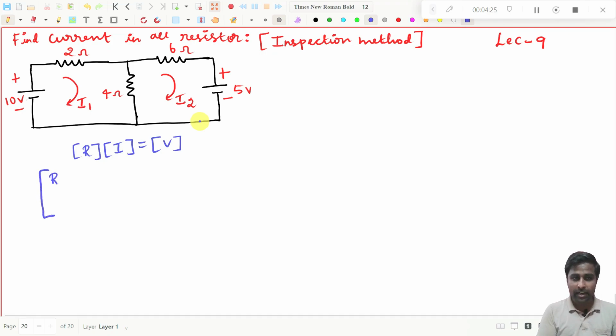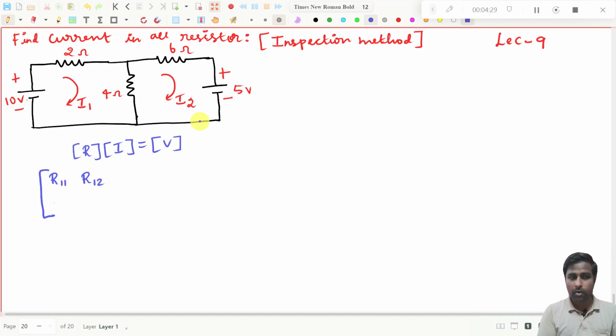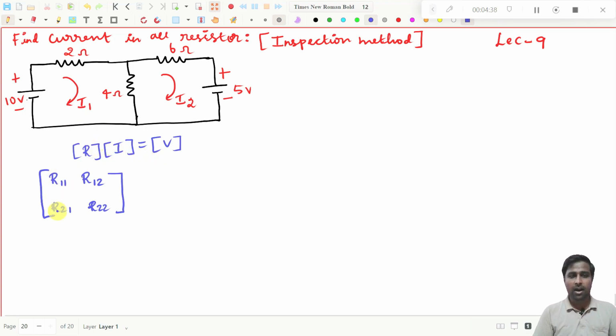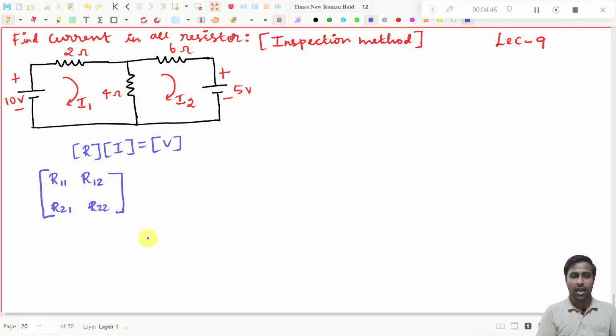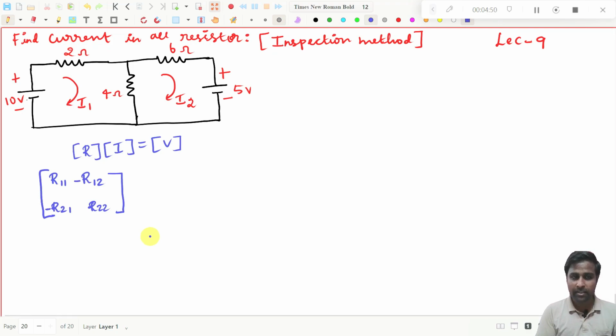I will write it with these values: R11, R12, R21, R22. This is the R matrix expansion for this problem. All diagonal elements will always be kept positive, and all off diagonal elements will be negative. These are all basics, and you should understand them.